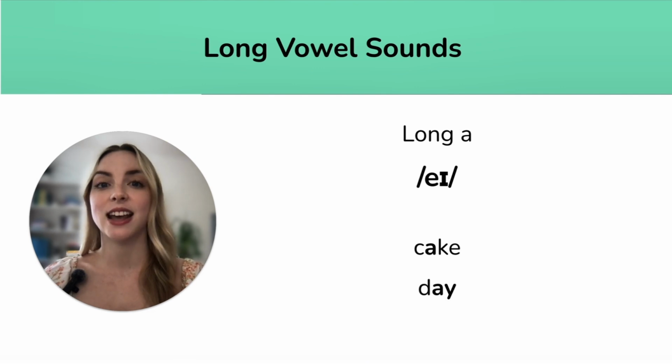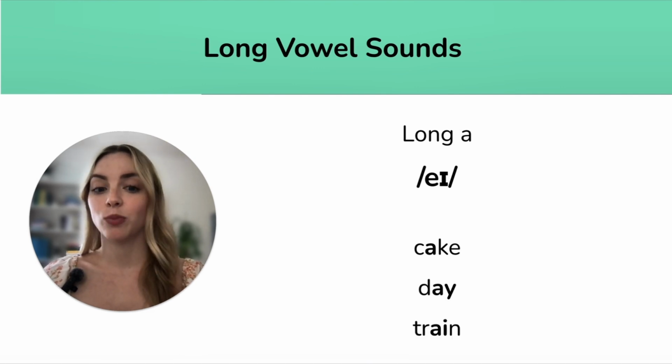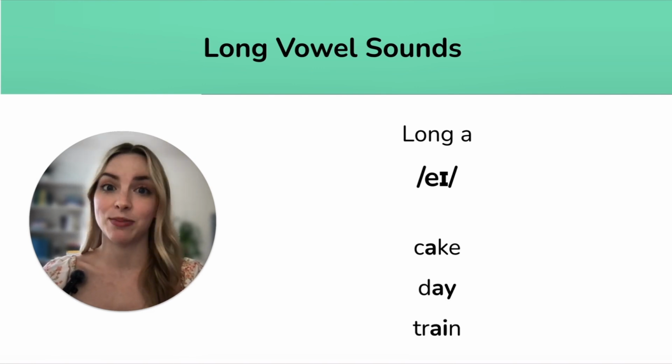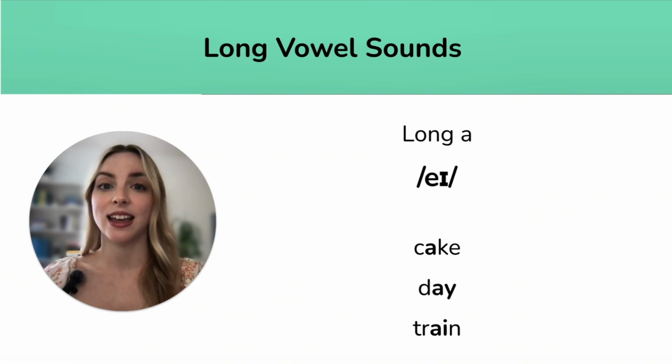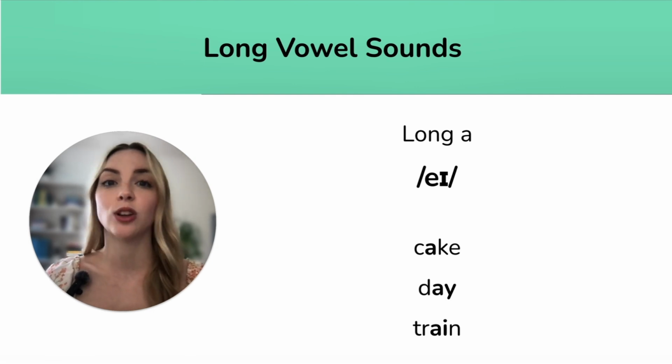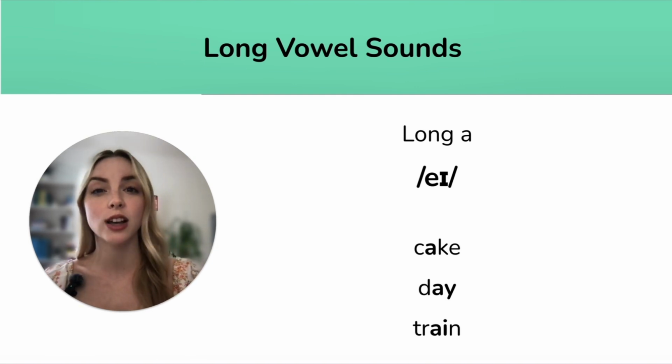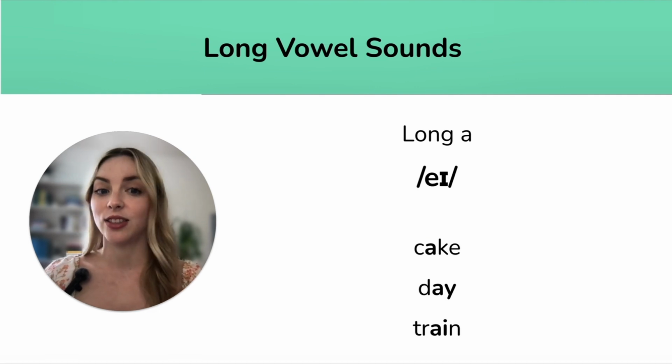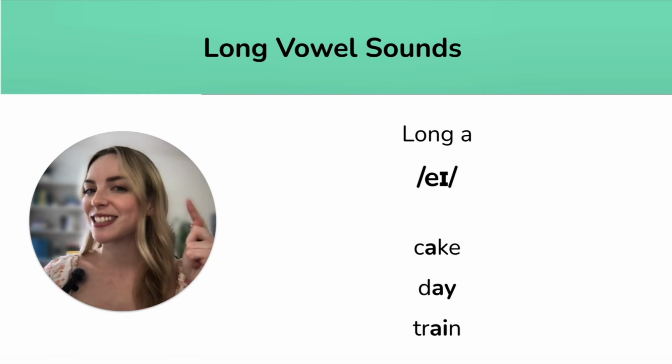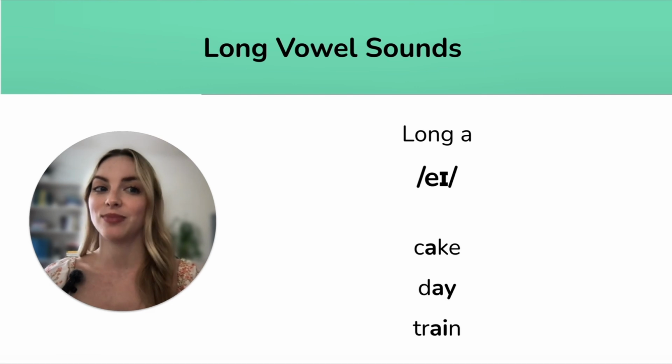Or we have AI can make this sound, like train. Okay, so again, long A is not always just represented by the letter A, but it does sound like the letter name A.